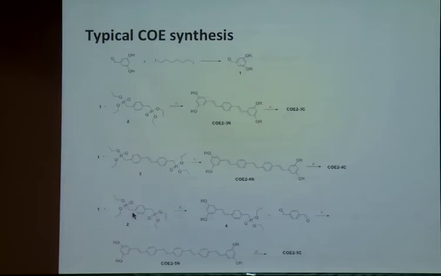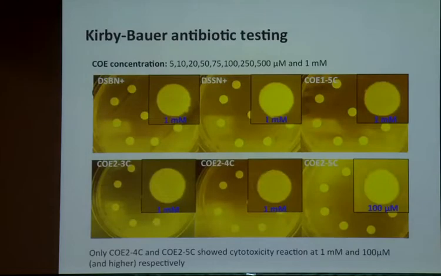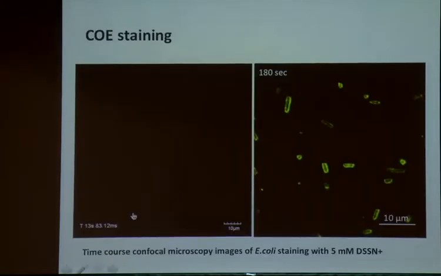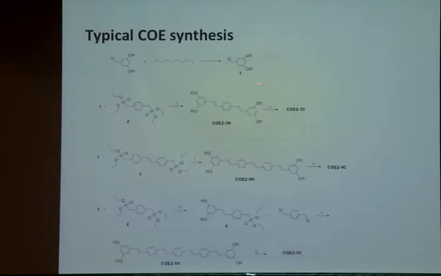So I'll give a brief introduction of a typical COE synthesis. First, we take 1 and react it with the corresponding phosphonate 2 or 3, which generates the neutral precursors to COE2-3C and 4C, named COE2-3N and 4N.